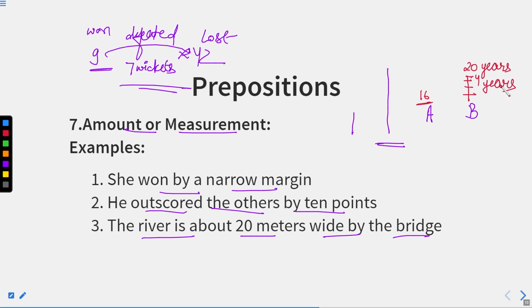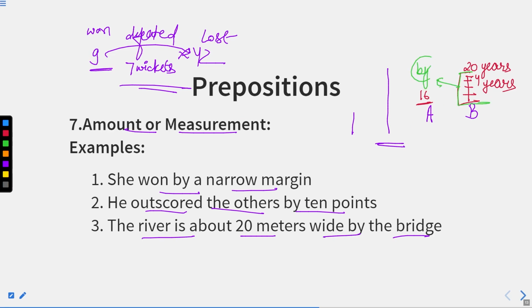So I'm using the preposition by: B is elder to A by 4 years, or senior to A by 4 years. So the difference between these two persons, we show with the preposition by.